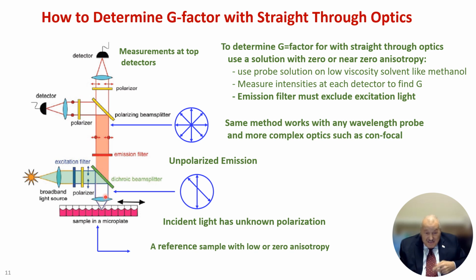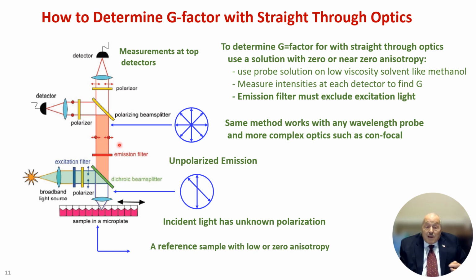The filter is chosen to reflect one wavelength, let the other one pass, and it has some polarization up through here. Something that's very critical here is the emission filter, because you have a lot more stray light to deal with when you're in this straight line optics than we did in the L optics. The incident light, here we really had an unknown polarization. We didn't know what it was.